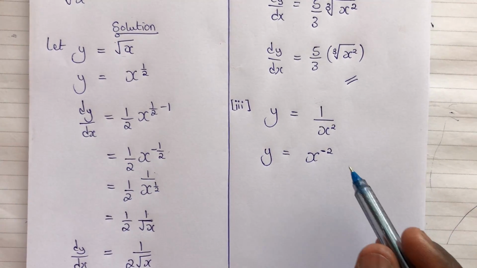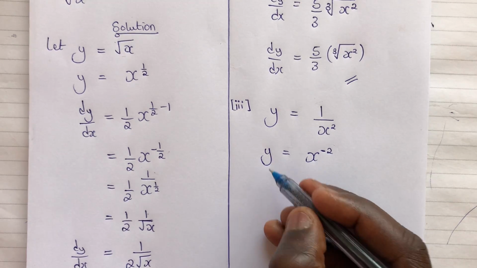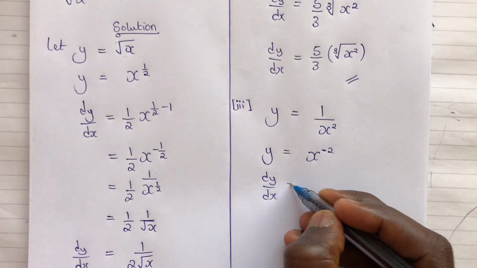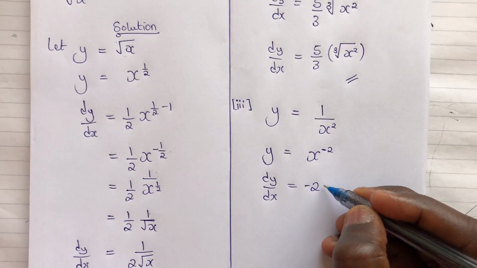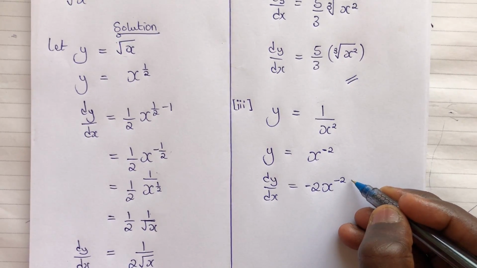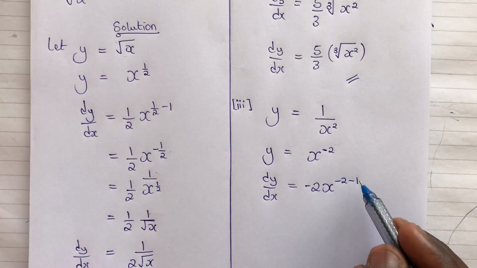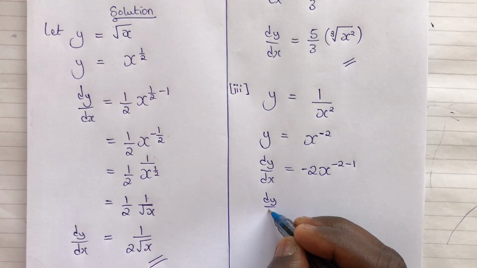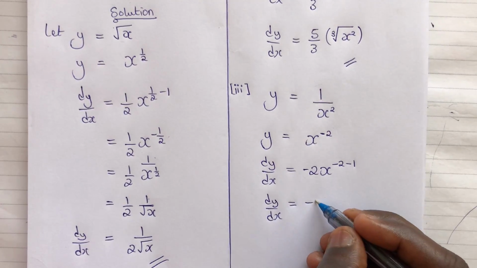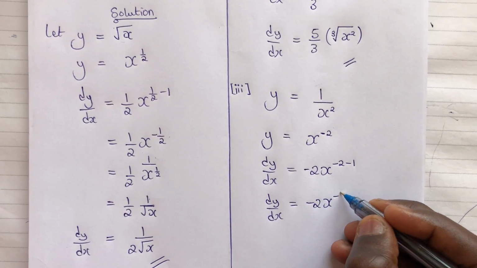Now we can apply the power rule by using this to multiply. So dy/dx giving us minus 2 x minus 2, reduce the power by 1, minus 1. Okay, you don't need to be showing this. Now dy/dx becomes negative 2 x to the power minus 3.